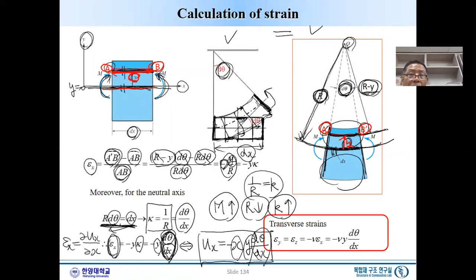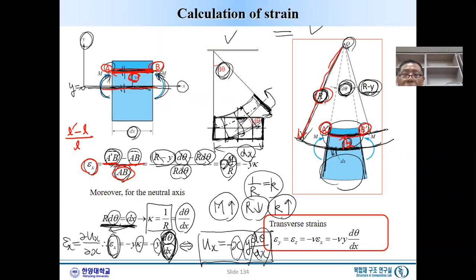Now, by definition, the extensional strain is the after-deformation length, A prime B prime, minus AB, which is the before-deformation length, divided by the before-deformation length. So L prime minus L divided by L. L is the original length and L prime is the length after deformation. As we already mentioned, this is the radius of curvature r, and this is y.